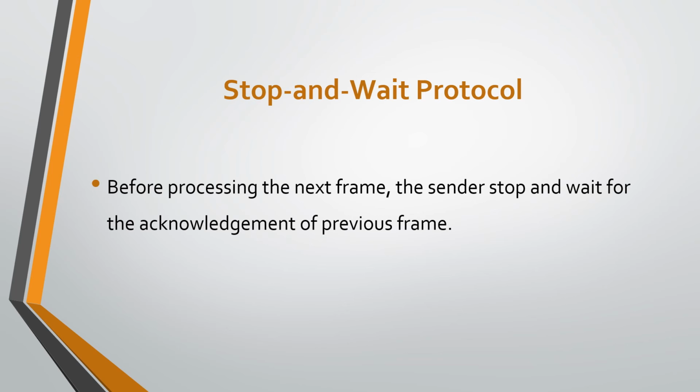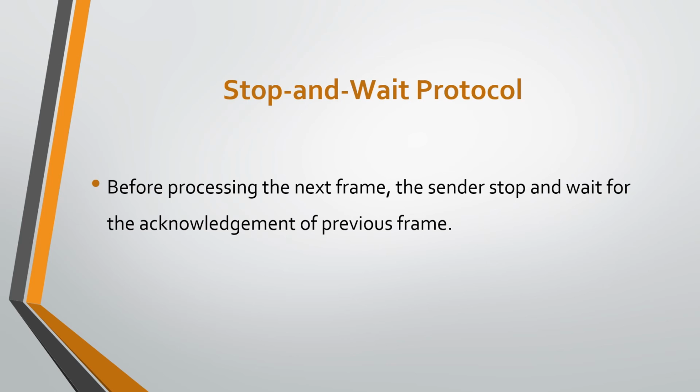Communication won't occur. To prevent such a situation, we somehow need to tell the sender to slow down. There must be some feedback from the receiver to the sender. The protocol in which, before processing the next frame, the sender stops and waits for acknowledgement of the previous frame is known as the stop and wait protocol.